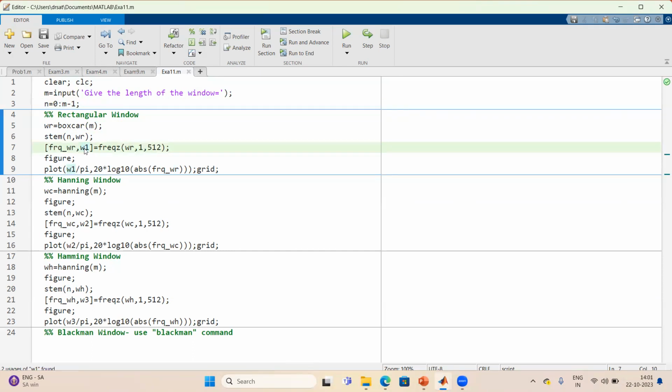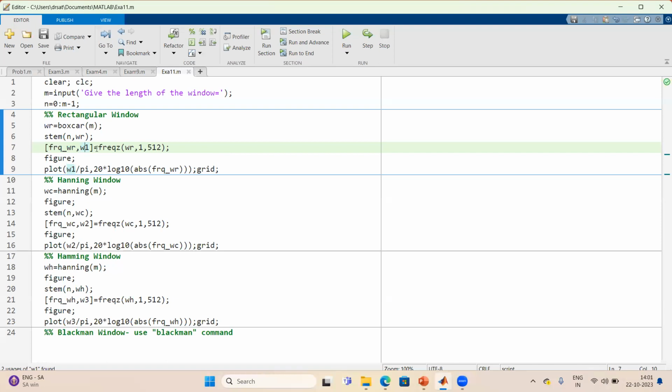And then we have to plot the frequency response. To plot it, we use the plot command. Here I'm just normalizing the frequency. As we know, this frequency W1 goes from 0 to pi, but here I am normalizing W1 with respect to pi. So you will see the x-axis varies from 0 to 1.